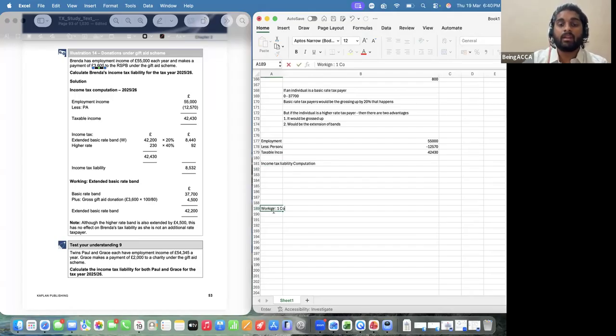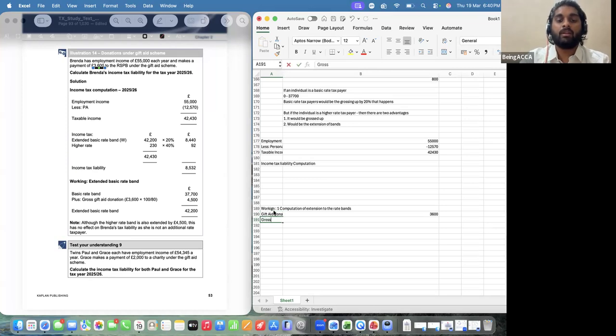One, computation of extension to the rate bands. How much is the gifted donation made? Donation made would be 3,600.